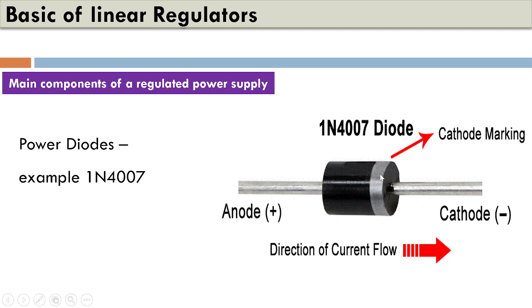So this is the physical picture of a diode where you can see we have two terminals and a black plastic package where we have a silver mark on it. Now this silver mark indicates that the terminal associated or very near to it is the cathode or the N type of the diode, and the other part is the anode or the P type section of the diode.